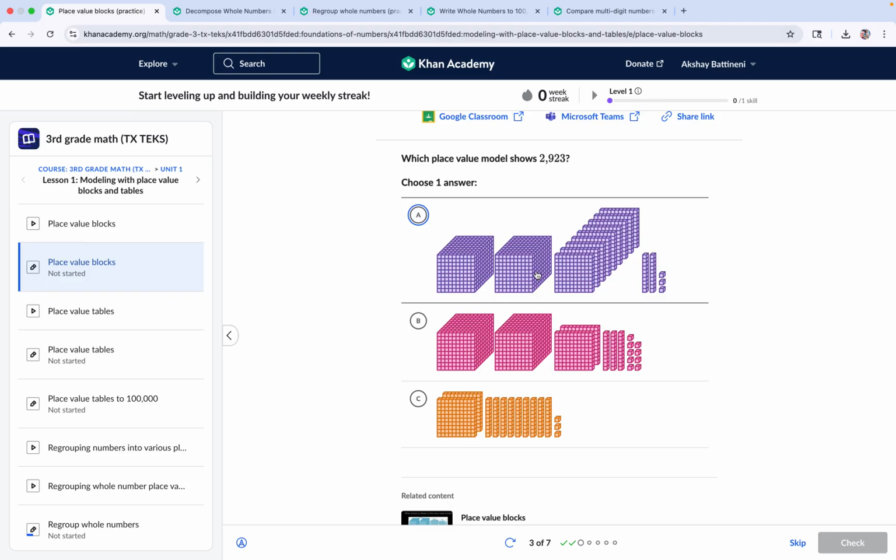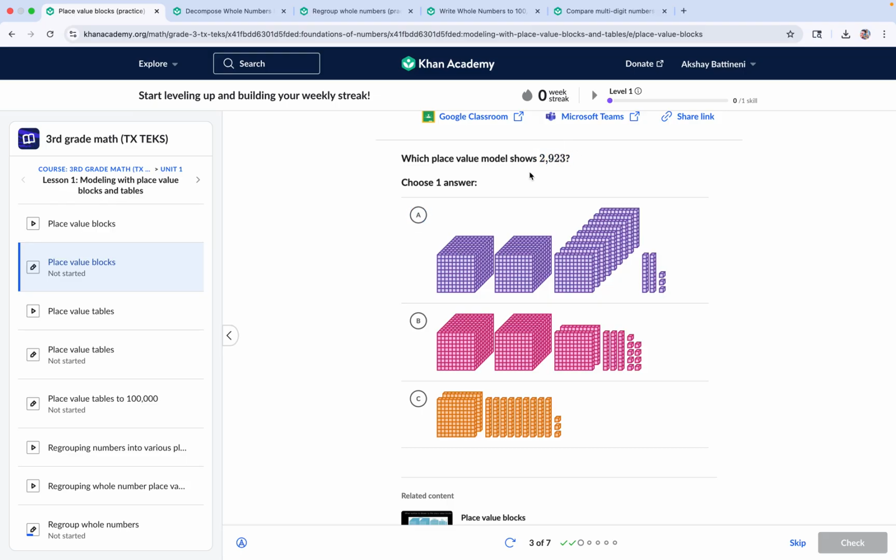So that means you have 2,900. That's what our answer is so far, 2,900. Let's see if the last two numbers are correct. So here we have 2 tens, so that's 20, and we have 3 ones, so that's 23. So that's 2,923. That is what they're asking for.